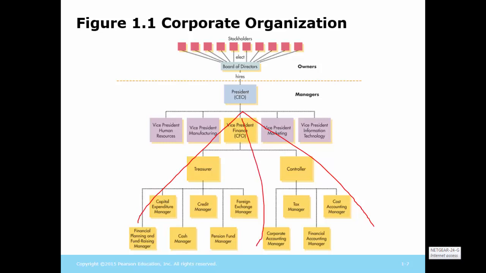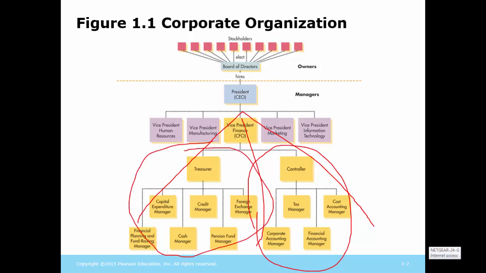If you kind of divide this down, this piece over here is the accounting piece, and over here is the finance piece. So the person in charge of the financial decisions that we're going to be talking about ultimately is referred to as the treasurer. So they're the people that maintain cash, decide where money should go, and help us with risk management.